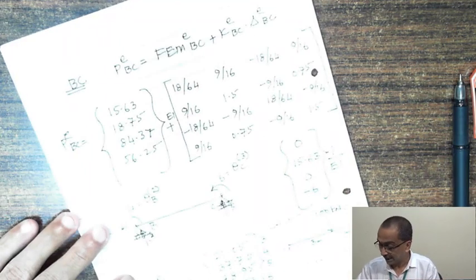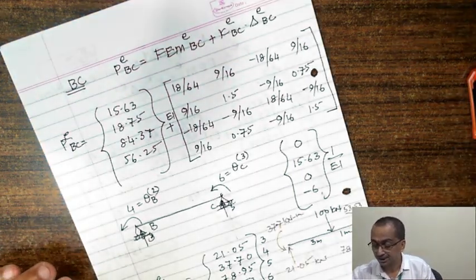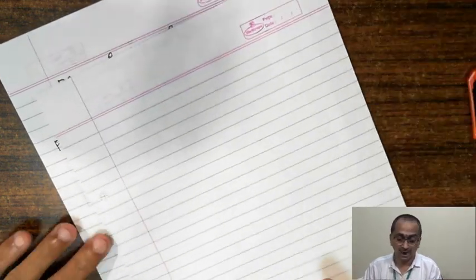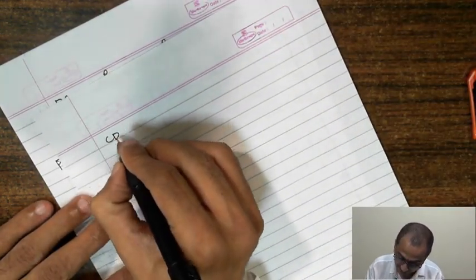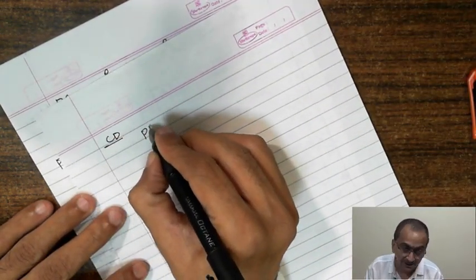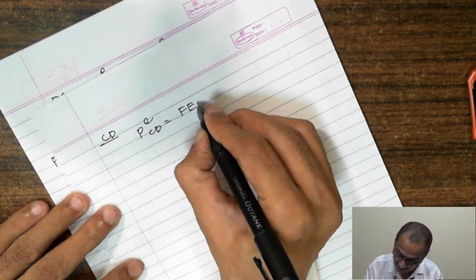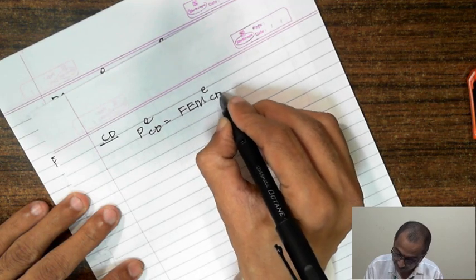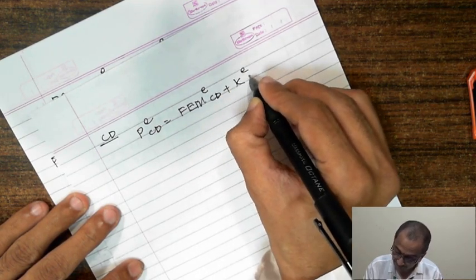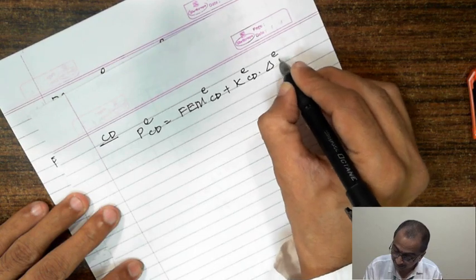So similarly, I can write the equilibrium equation for element CD. That equilibrium equation is P element CD is equal to FEM element CD plus K element CD into delta element CD.